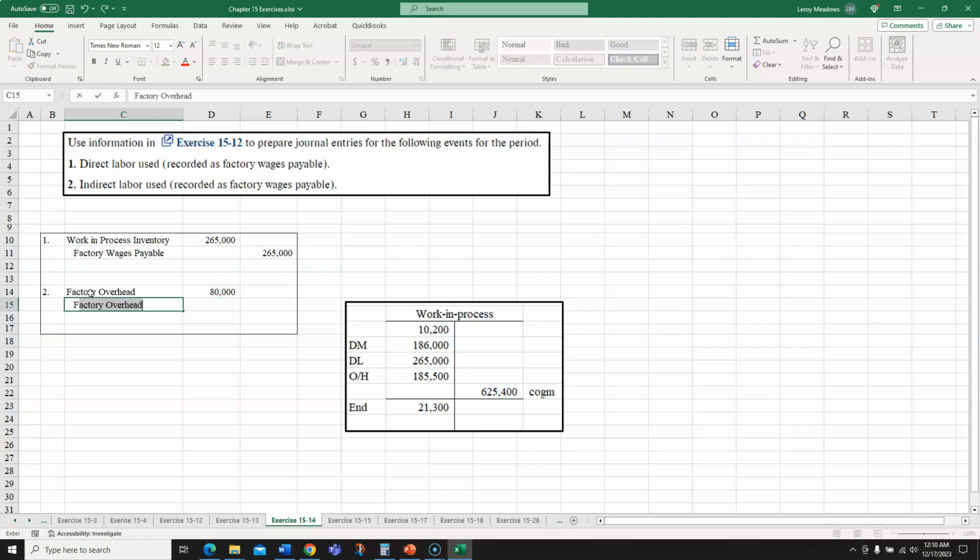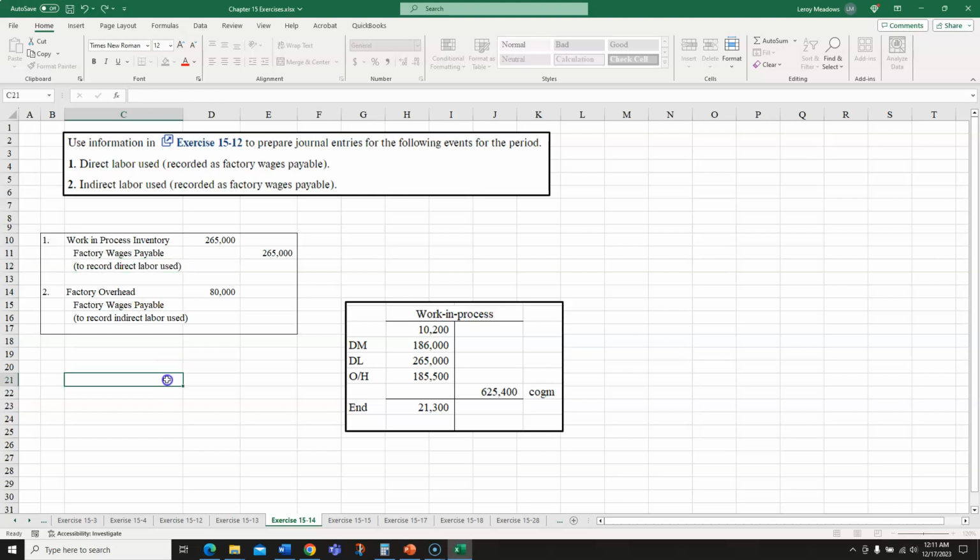And then I'm going to credit factory wages payable, to record indirect labor used. And then for the other one, I'll put the note in here to record direct labor used.